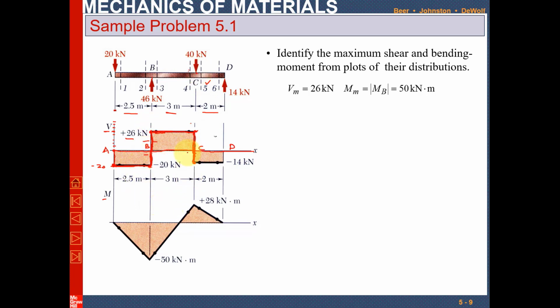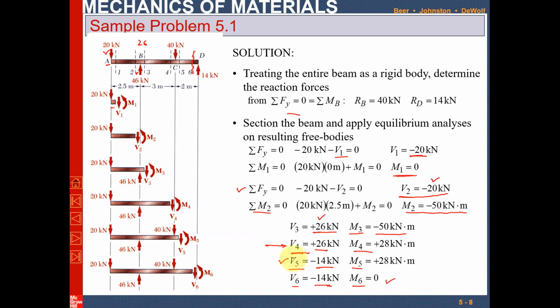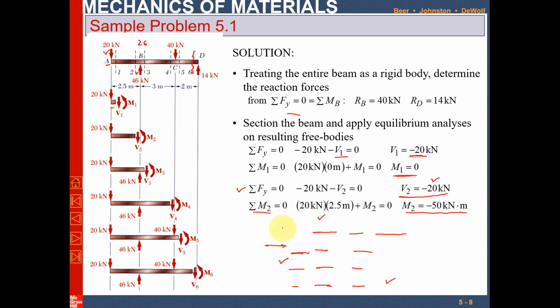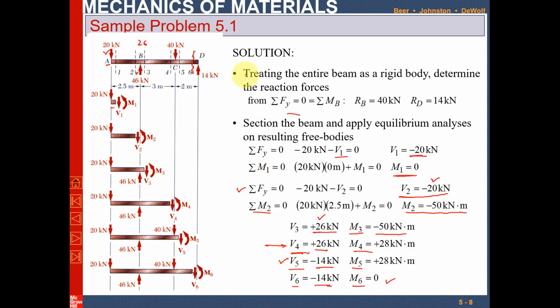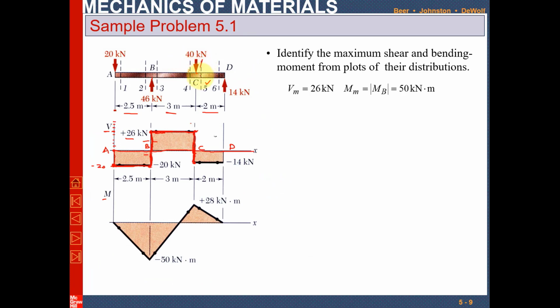Again, if you are confused about how to find V5 or V4, you can check by sectioning it: 20 is negative, 46 is positive, so we have 26. Again, 26 is upward and 40 is downward, so we will have minus 14.